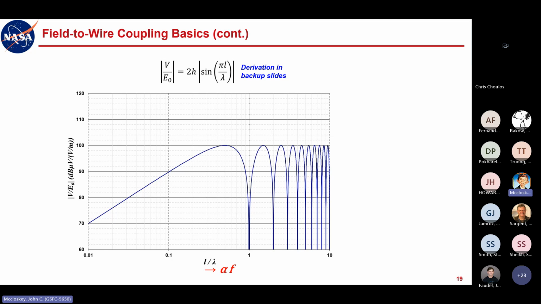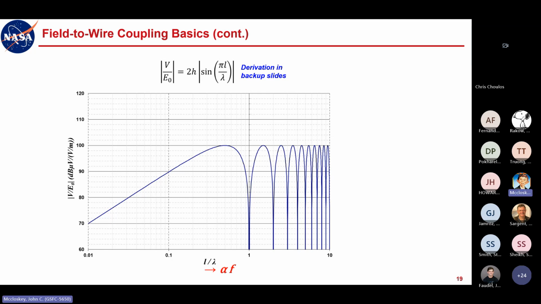You know the relationships between B and H related through mu, and then the H field and E field are related through the wave impedance. And if it's a plane wave, it's the characteristic impedance of the medium, 377 ohms. You'll see all that in the backup slides. And if anybody is interested and time permits, we can walk through that at the end.